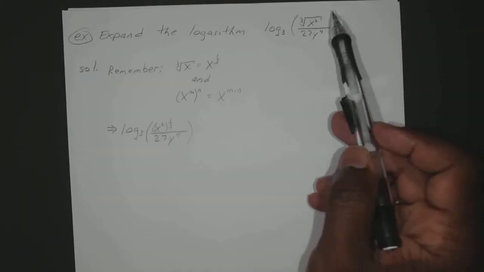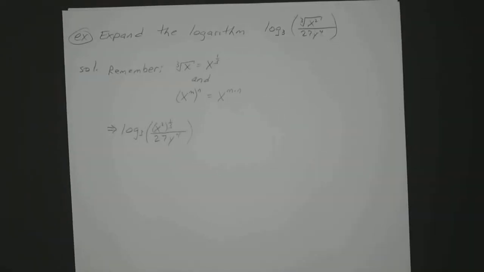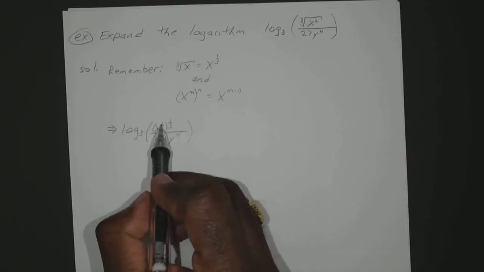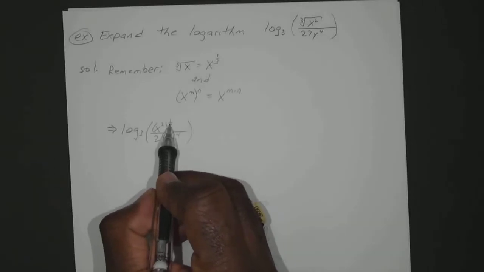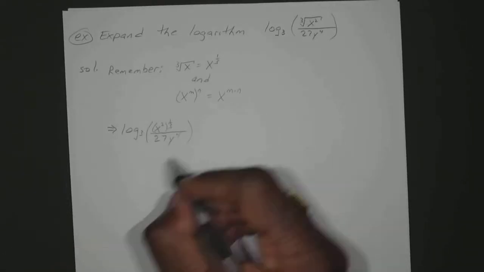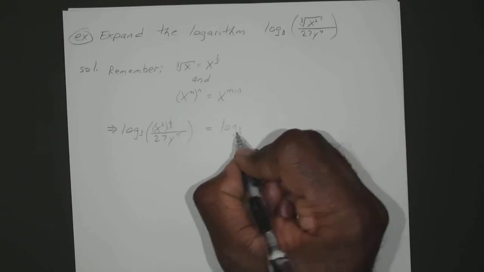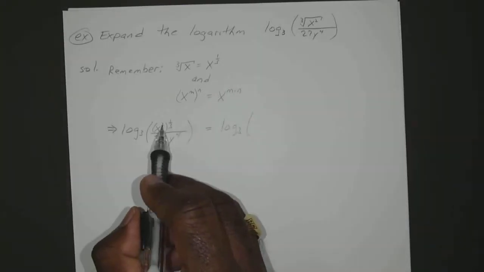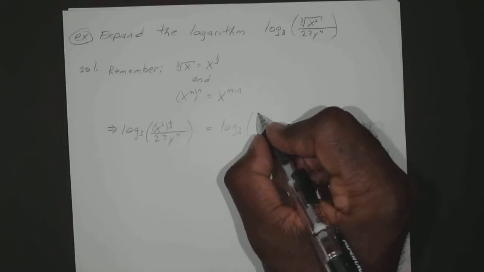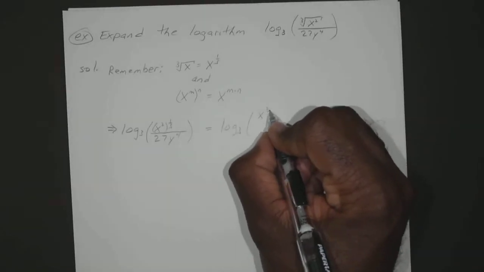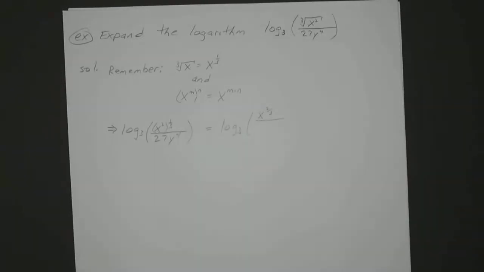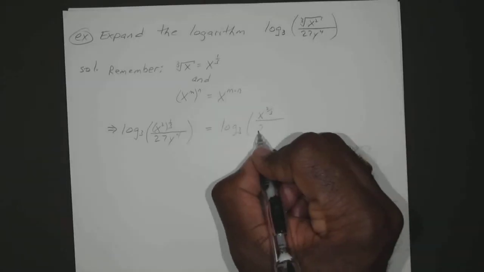This time the root symbol is just on the numerator. Before it was over the entire thing. So we can multiply these two together, and that would give us log base 3 of x to the 2/3 power over 27y to the fourth.